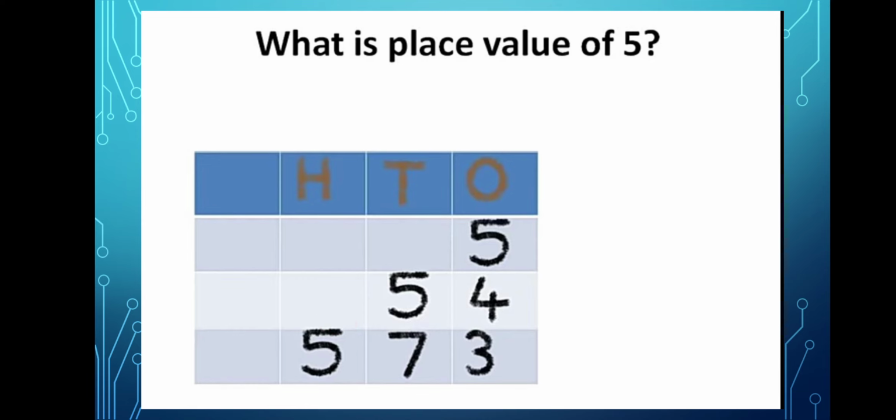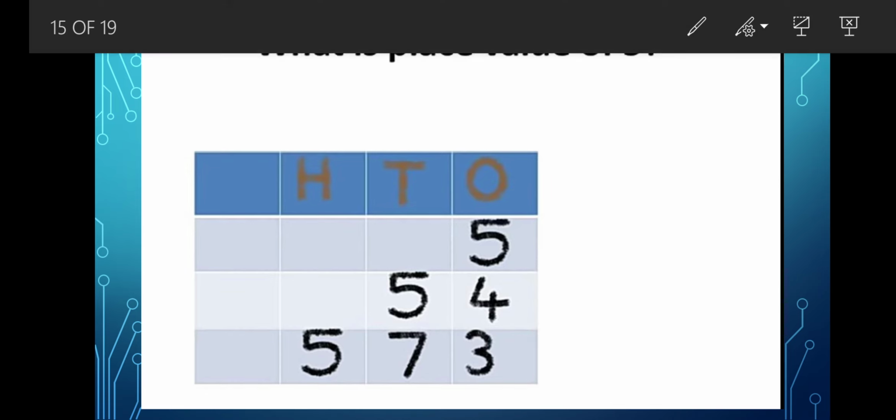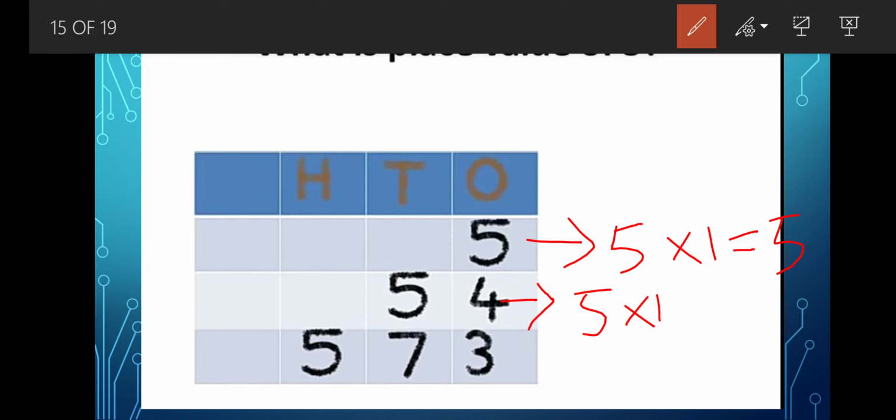Let us see these 3 numbers. First one is 5, second one is 54, and third one is 573. In the case of 5, the place value of 5 is 5 into 1, that is 5. In the case of 54, it is 5 into 10, and its place value will be 50.